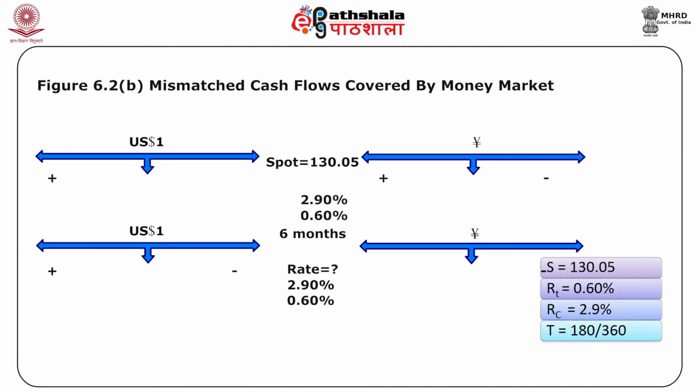Figure 6.2b: mismatched cash flows covered by money market, where S is equal to 130.05 and RT is equal to 0.60%, RC is equal to 2.9% and T is equal to 180 divided by 360.